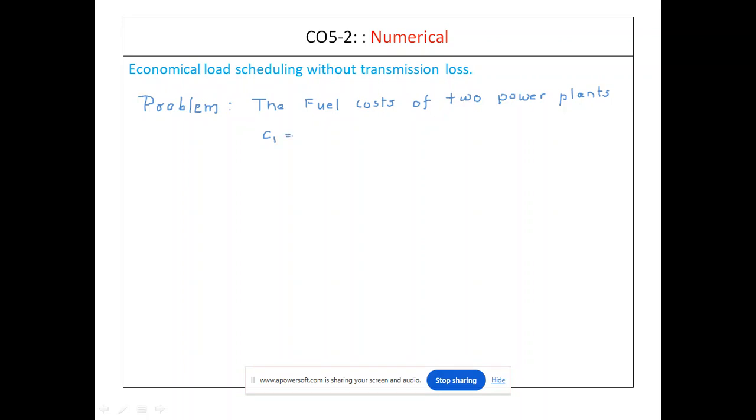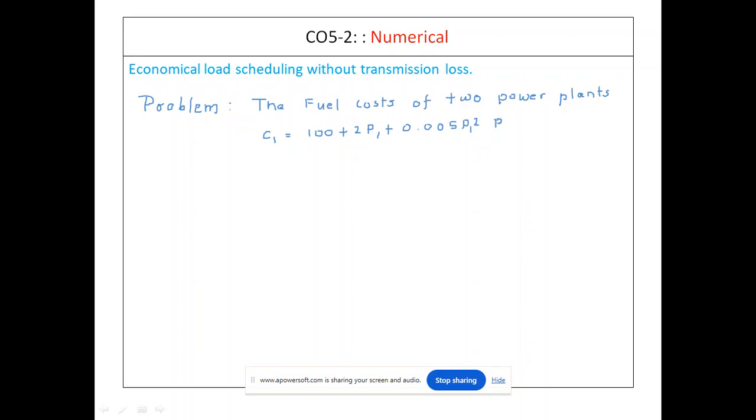The one, C1, is equal to 100 plus 2 P1 plus 0.005 P1 square.